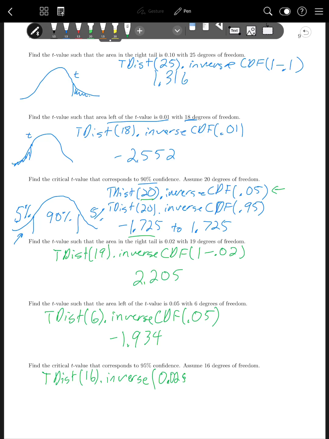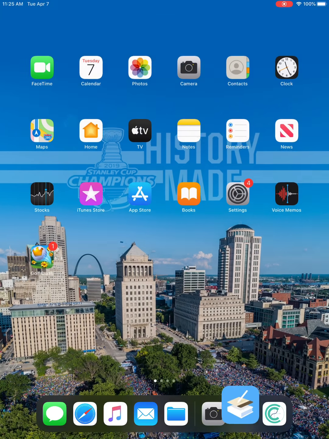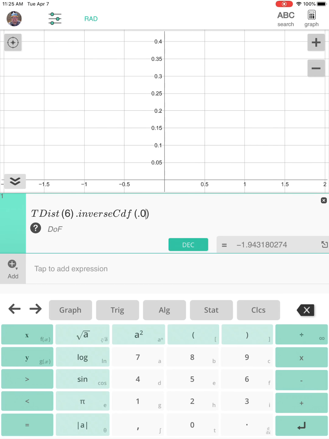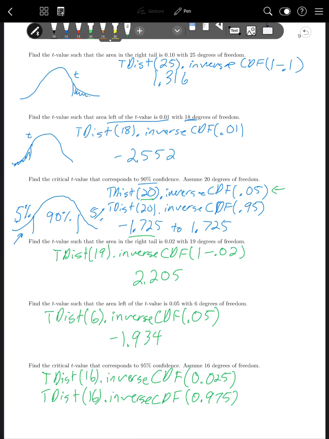And then the last one, we've got 16 degrees of freedom, and we want to find the t values that correspond to the middle 95% of the data. So if 95% is in the middle, that means 5% is on the outside. Divide that by 2, and you get 2.5%. So 0.025 would go for the first one. And then to do the other side, we add 95% to that. Oops, I forgot to write the CDF. So let's rewrite this one.